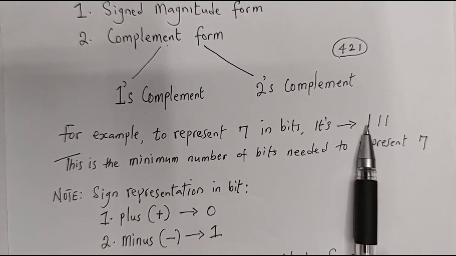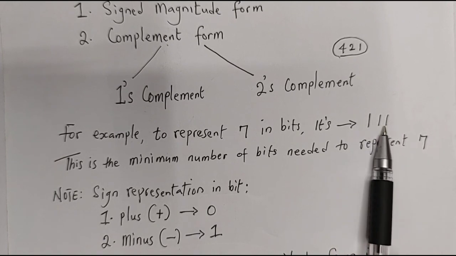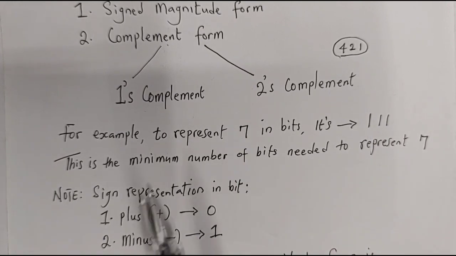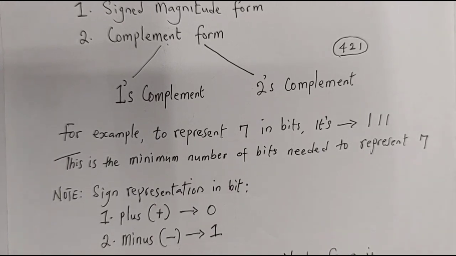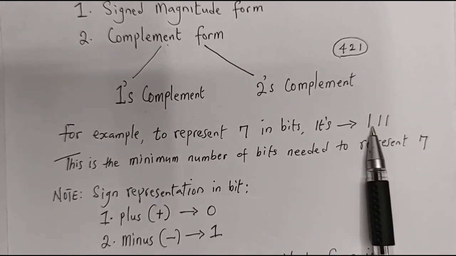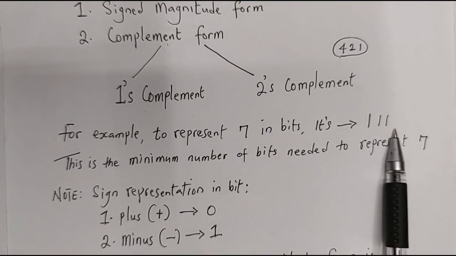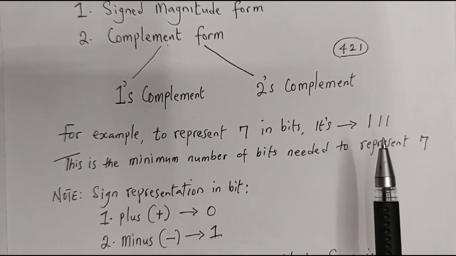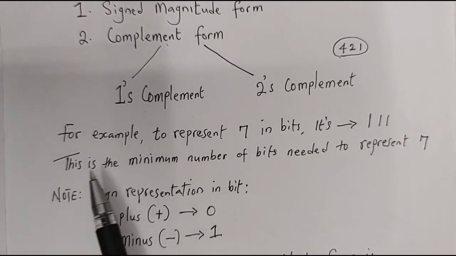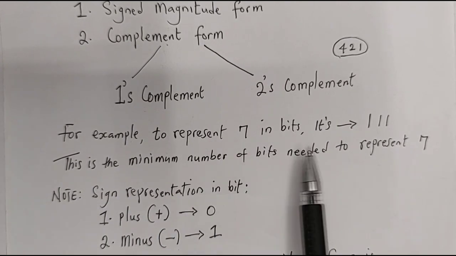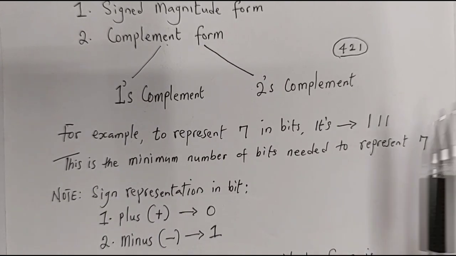So this is the minimum number of bits required to represent 7 in binary number system. So this is how we got 111 to represent 7 in bits. Now this is the minimum number of bits needed to represent 7, just like I said.